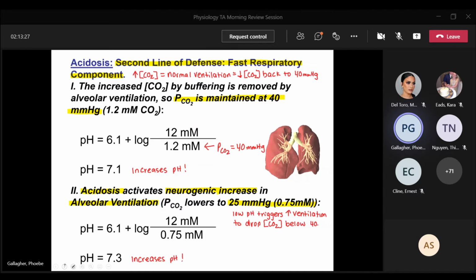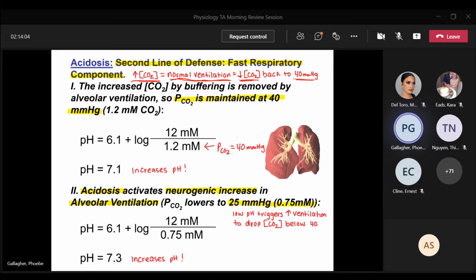Okay, so this is the second line of defense. Before your body starts to compensate for it, under normal conditions, since you have increased your CO2 concentration, you'll continue to breathe normally. Normal ventilation will be occurring because your body's pH response system hasn't kicked in yet, but through normal ventilation, you will be able to remove that excess carbon dioxide and get your PCO2 levels back to 40.